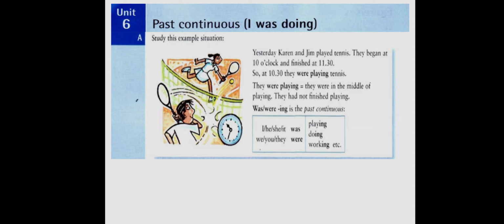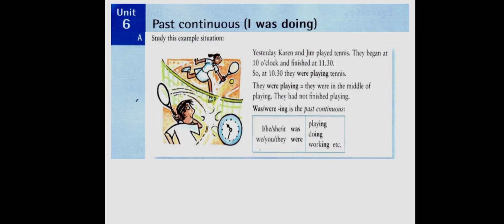I takes was, then it becomes I was teaching English grammar. He was teaching English grammar. He was studying English grammar yesterday at 5 o'clock. And we, you, they, or plural, take the auxiliary verb or the helping verb were plus verb plus ing.